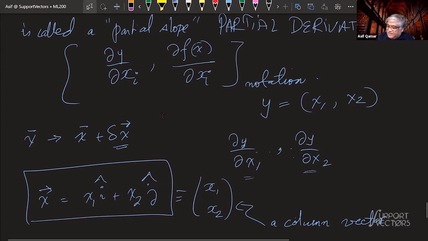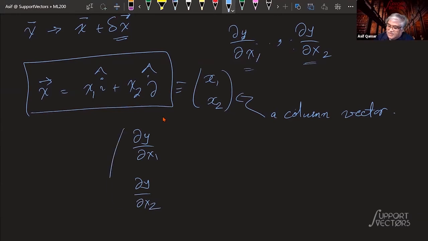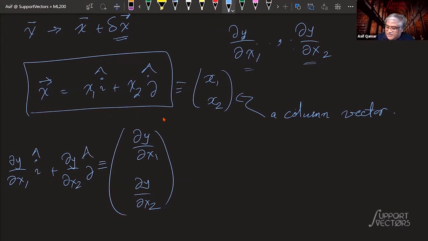So we can ask, what is this column vector of dy/dx1 and dy/dx2, which is the same as dy/dx1 i plus dy/dx2 j? It turns out that this is a very useful thing.